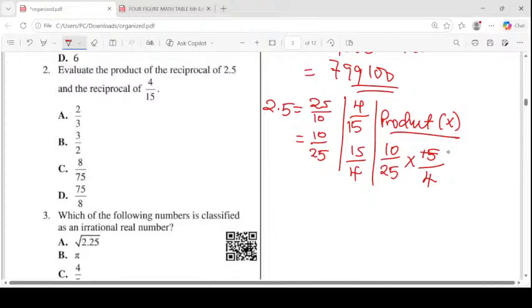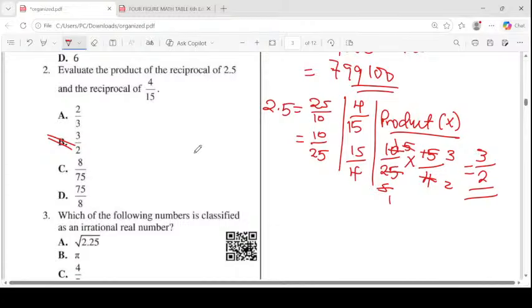So 5 here 3, 5 here 5. 2 here 2, 2 here 5. So then 5 here 1, 5 here 1. So this becomes 3 over 2. 3 over 2 is your answer. The answer is B for boy, 3 over 2.